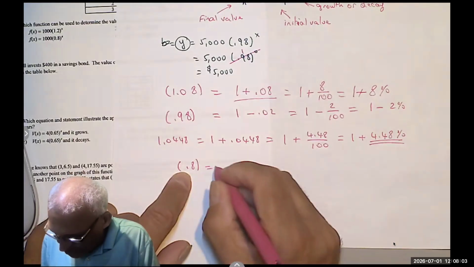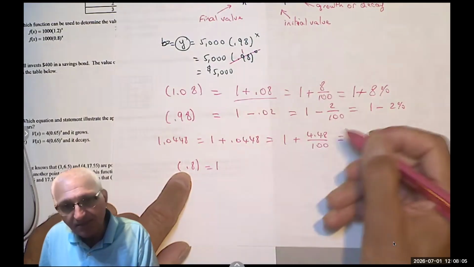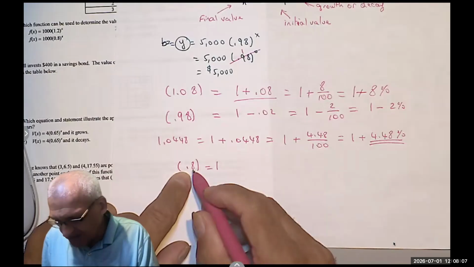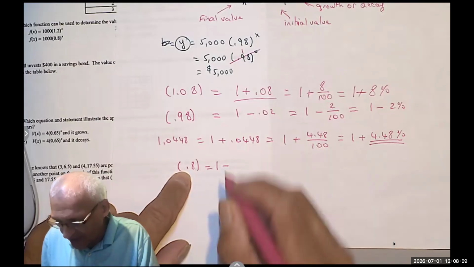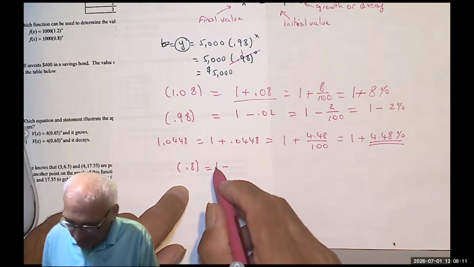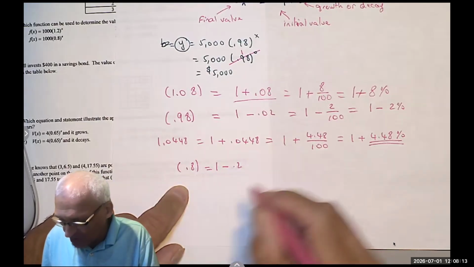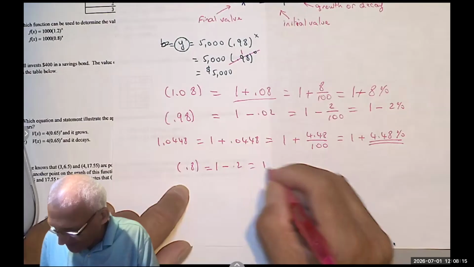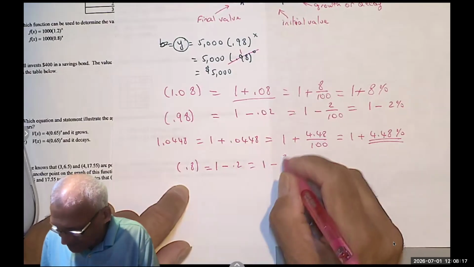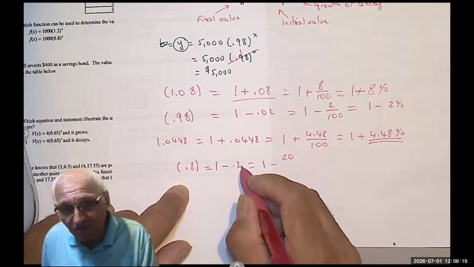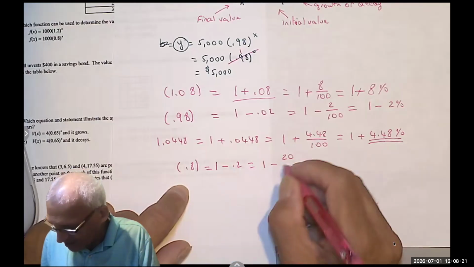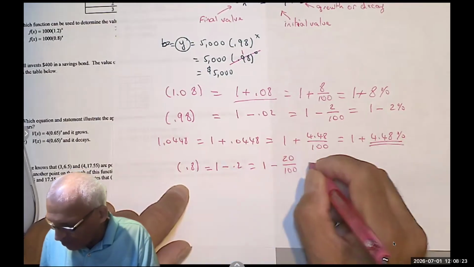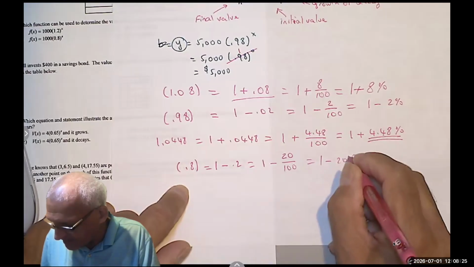I have to write it 1 plus or minus something. Of course, here, because it's less, I have to subtract. What do I subtract? 1 minus 0.8 is 0.2. And 0.2, when I multiply it by 100, becomes 20. If I multiply by 10, it's 2. By 100 is 20 over 100, or 1 minus 20%.